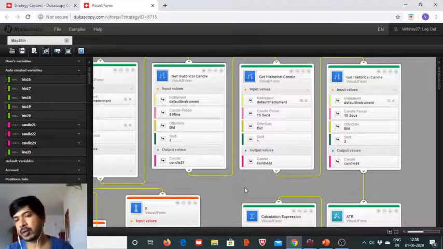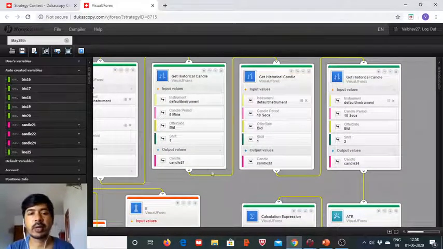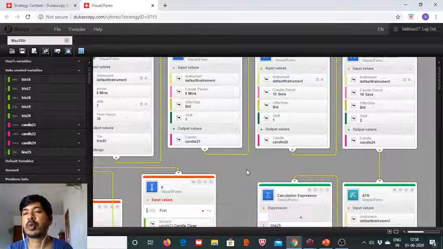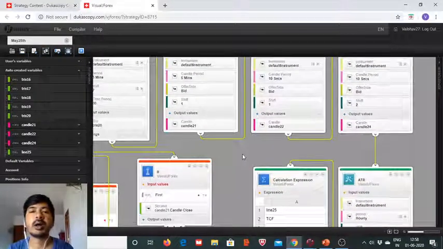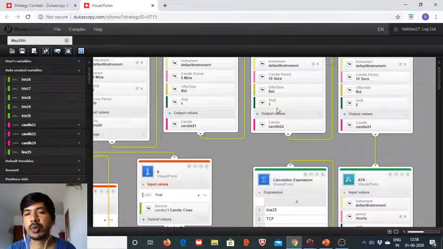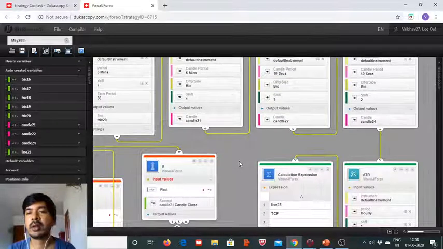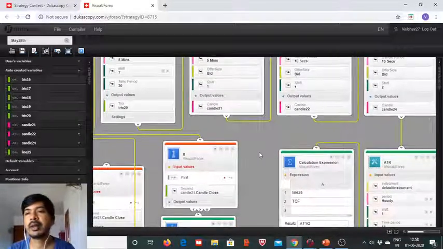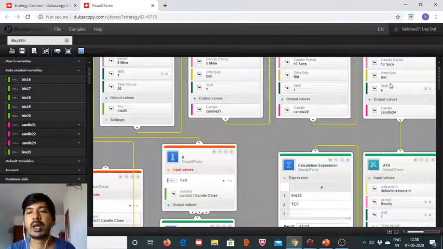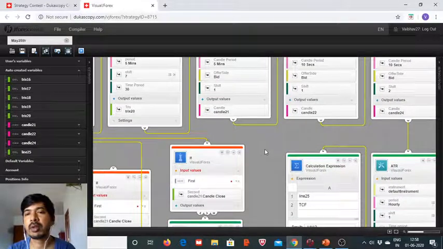When the price starts to rise beyond the candle 21's close, we want the trading to happen. That means the candle with the shift 1 value should be greater, whereas the candle with the shift 2 value should have been less than the candle 21's closing level.